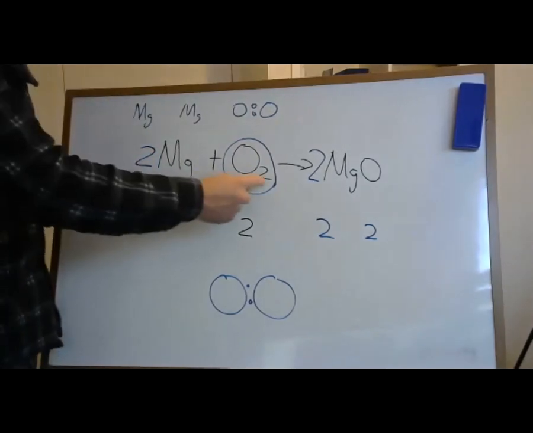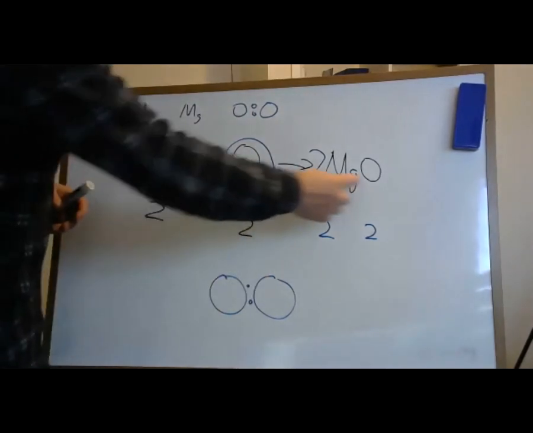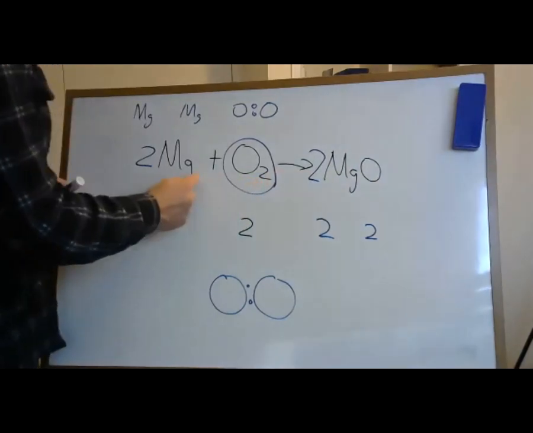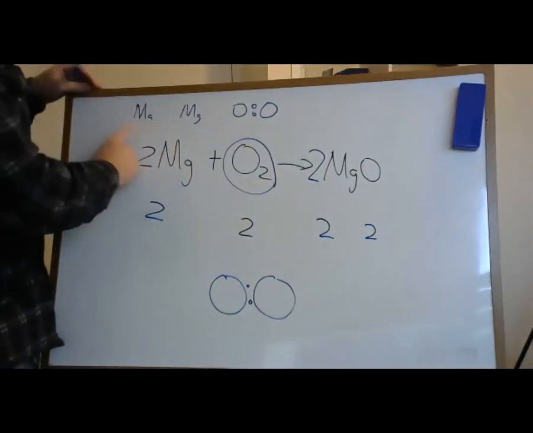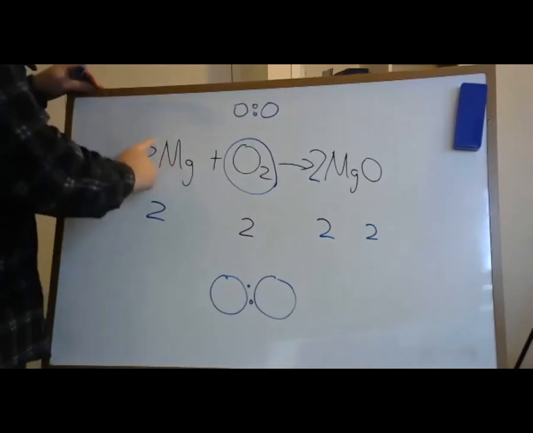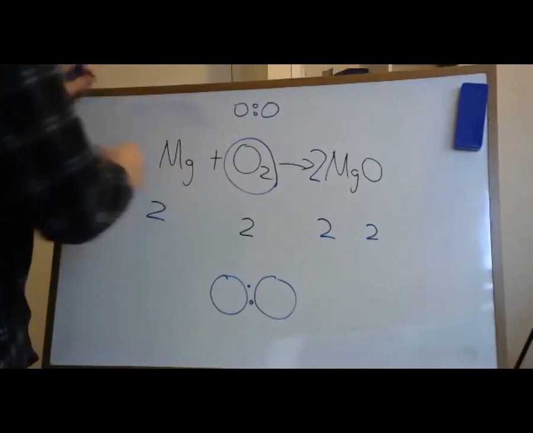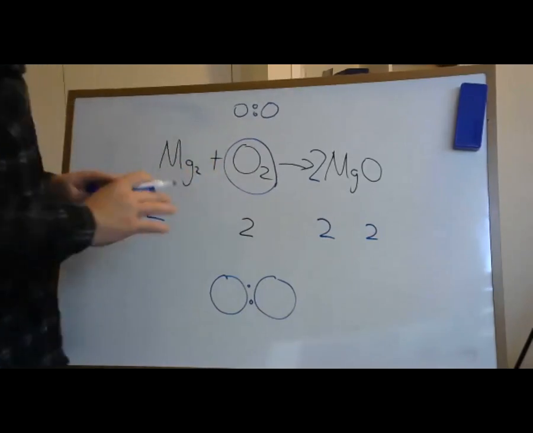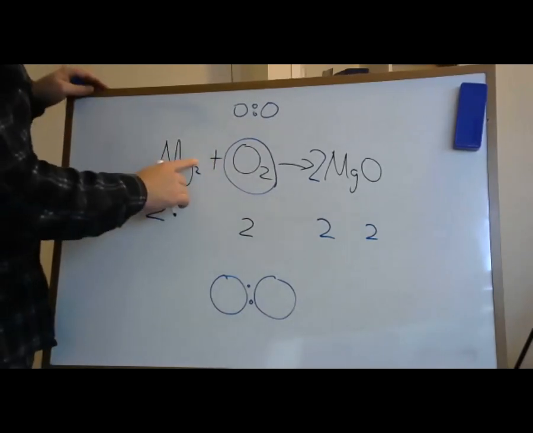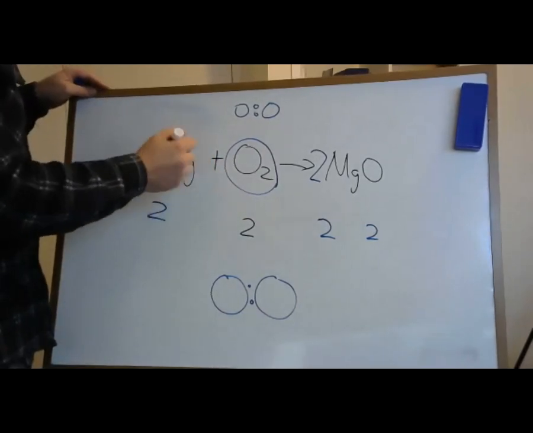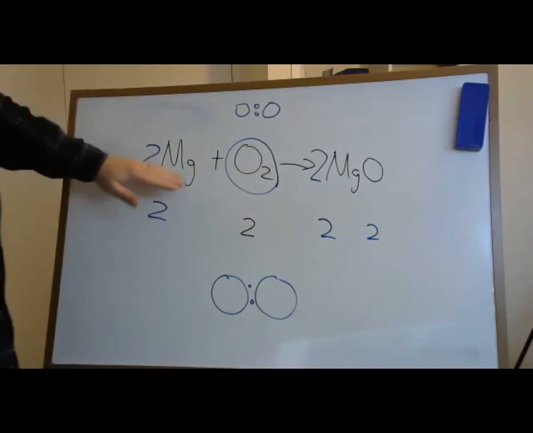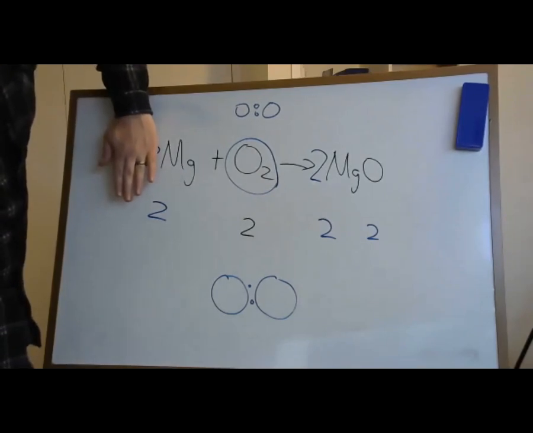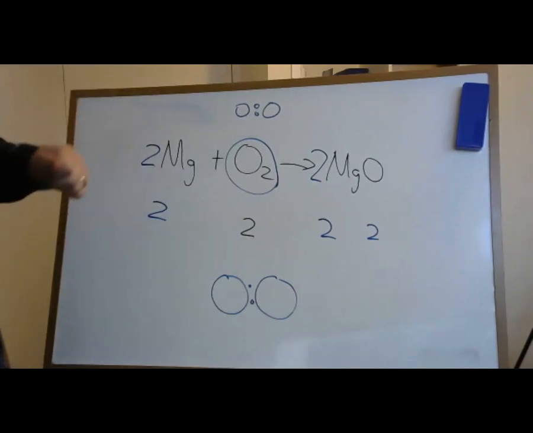So you can't just add a number to the front. You have to just add an extra magnesium. So you couldn't just go, oh, okay, well, I'll just make it Mg2. No, it doesn't work like that. If you're wanting to add a number, you have to add it in front, because that is 1 magnesium molecule, and now we've added a number.